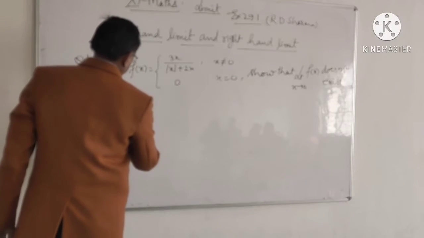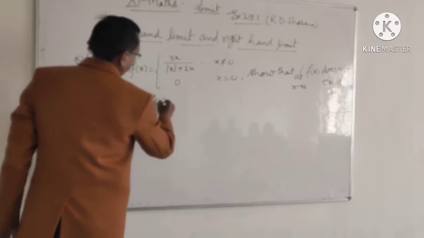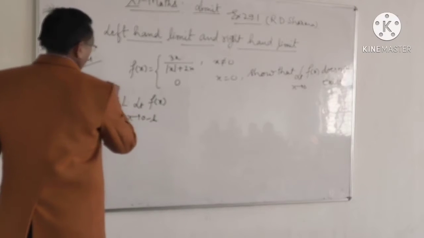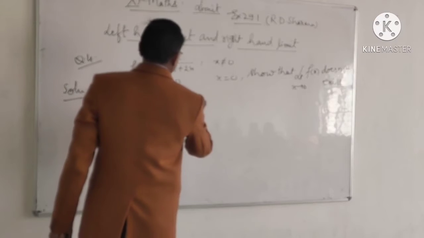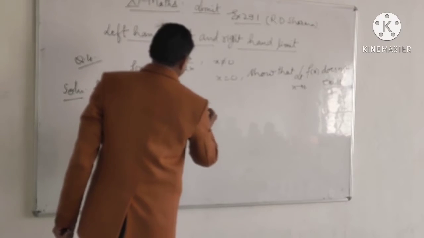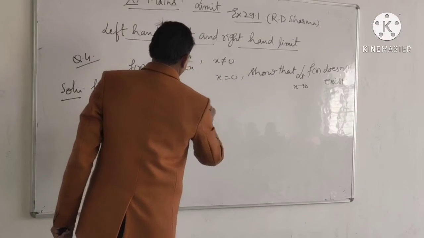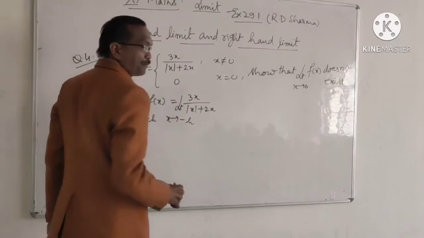Limit x tends to 0 minus h of f(x), here h tends to 0. Then it is 3x upon mod x plus 2x, with x tends to minus h.